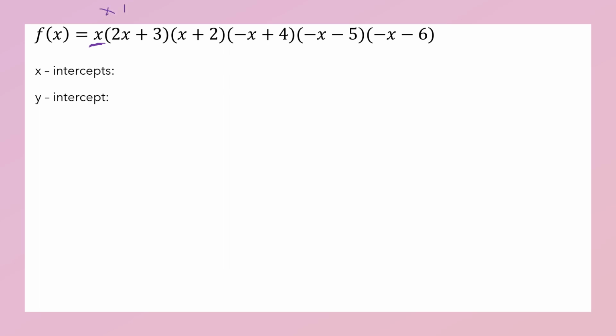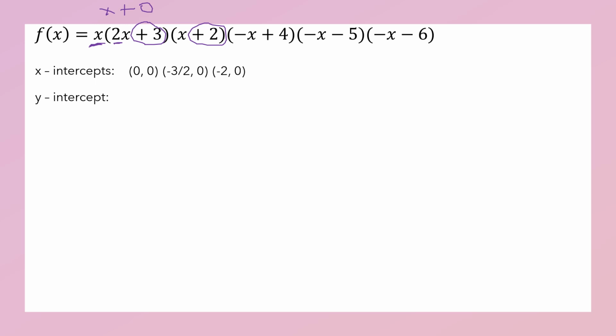So 0, opposite of it is determined as 0, so we do have 0, 0. Then 2x plus 3, so positive 3 will become negative 3. Of course, since we do have a visible numerical coefficient in our x, so we're going to have negative 3 over 2. Then x plus 2, opposite of positive 2, so we do have negative 2, negative 2, 0.